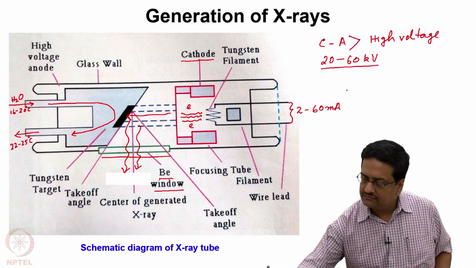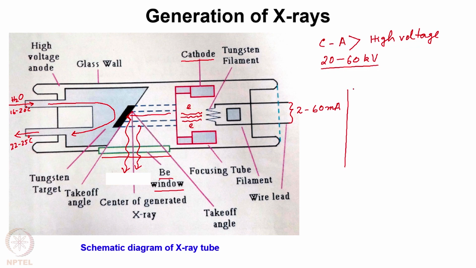When we are using a standard X-ray tube, we keep it at the minimum, that is 20 kV, 2 or 5 milliamp, whatever the settings of the tube may be, and this is called the standby settings.